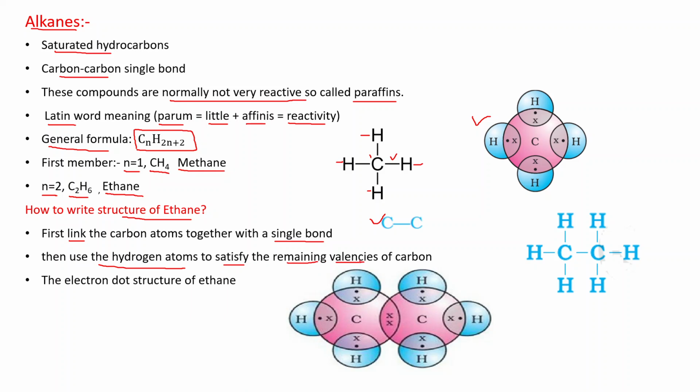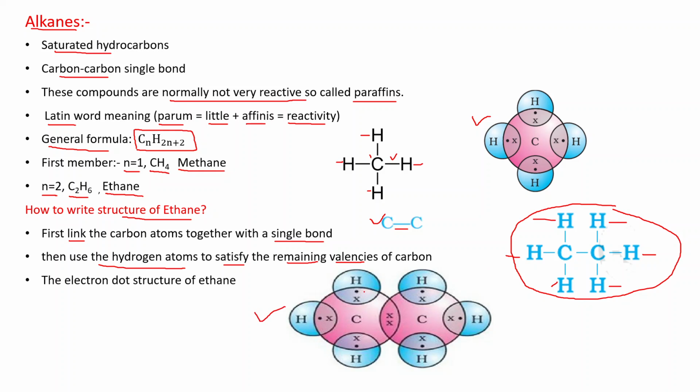As we know, carbon has valency 4 and 1 valency of each carbon is satisfied by this single bond. Then we can say each carbon is linked with 3 more hydrogen atoms with single bonds. In this way we will get the structural formula of ethane.